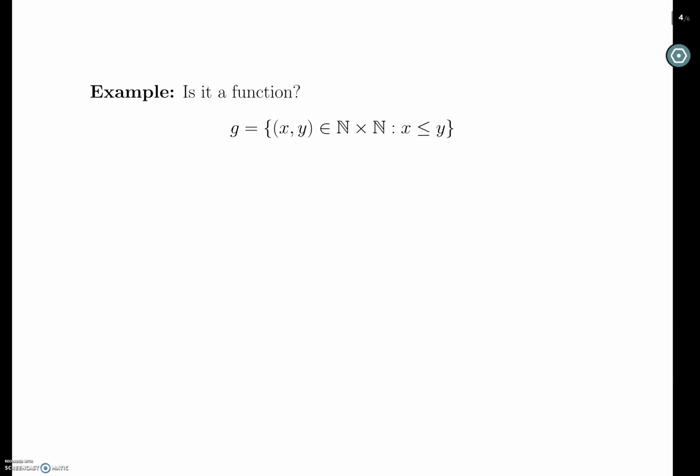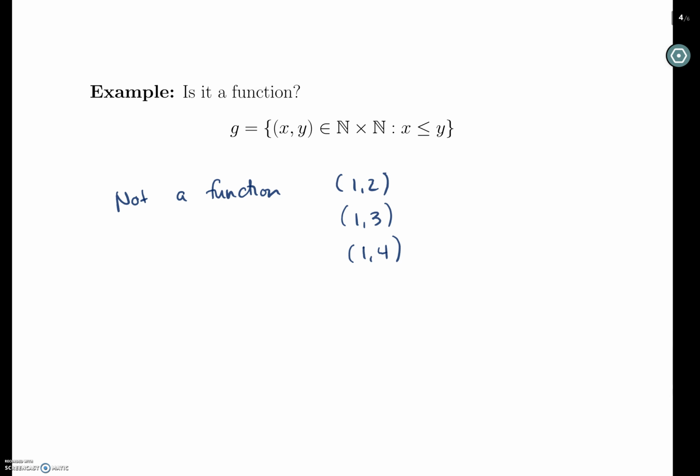So when considering g, defined on the natural numbers cross the natural numbers with x less than or equal to y, we see that this is not a function, because there are many pairs such as (1, 2), (1, 3), (1, 4), where we have the same input but many different outputs.